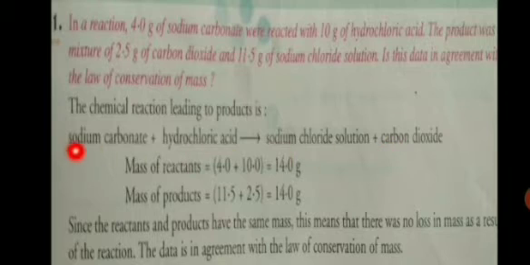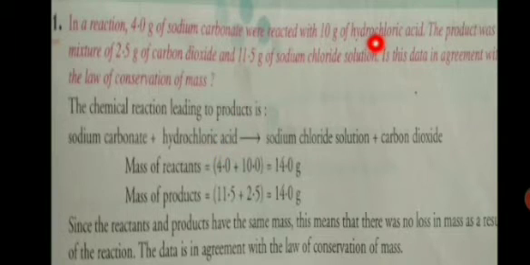So here we got 2 reactants and 2 products. All the masses are given. So next step is we have to find the total mass of the reactants and total mass of the products. Total mass of the reactant is equal to mass of sodium carbonate plus mass of hydrochloric acid. Sodium carbonate 4.